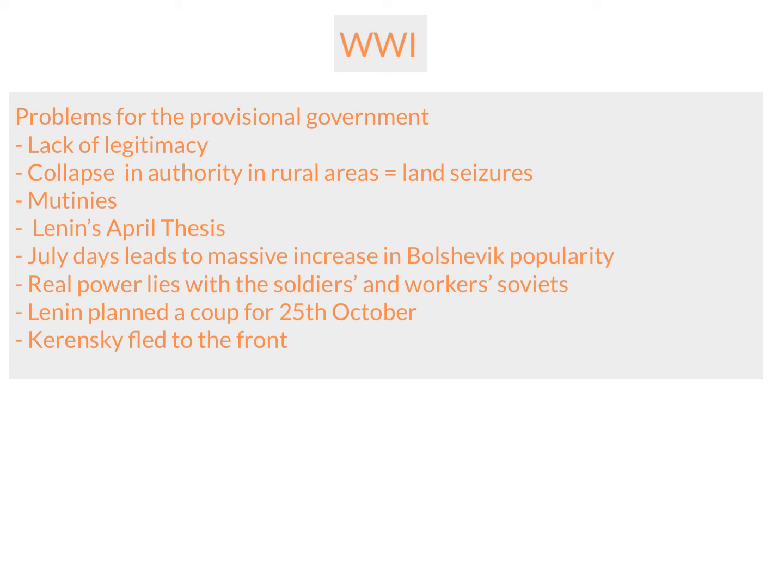And he's the only socialist leader who puts himself directly in opposition to the provisional government at this point. Other people, even other members of the Bolshevik party, are still trying to support the provisional government and accept the first stage of the revolution. And the leaders of the Mensheviks, the leaders of the SRs are trying to work with the provisional government too. But Lenin marks himself out as separate.